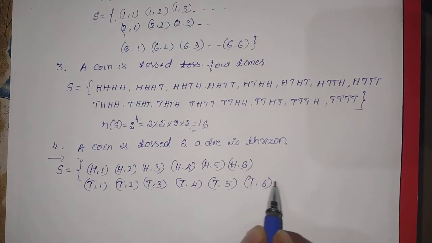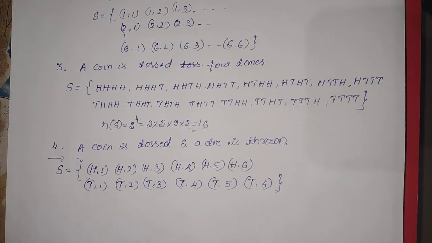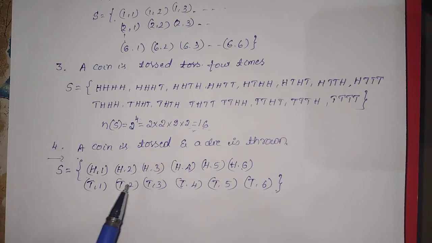These are the possibilities of outcomes if a coin is tossed and a die is thrown. Clear? Then totally tell me how many elements are there in this sample space. There are 6 into 2, 12 elements. Understood?